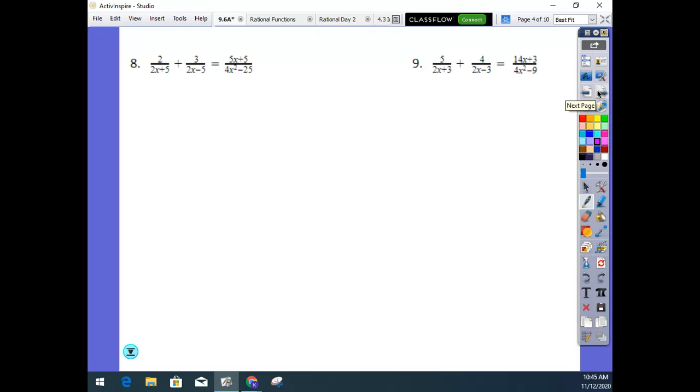All right. First thing I'm going to do is factor the denominator. 2x plus 5, 2x minus 5. So what makes each denominator equal 0? Notice these just kind of double up. So what makes 2x plus 5? This cannot equal 0 because that's in the denominator.